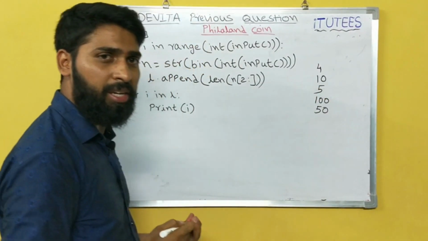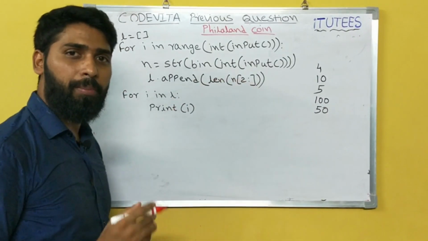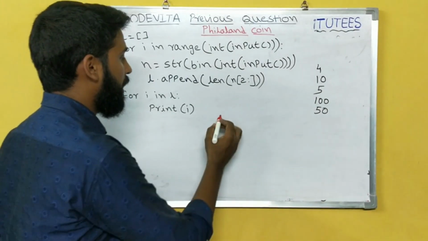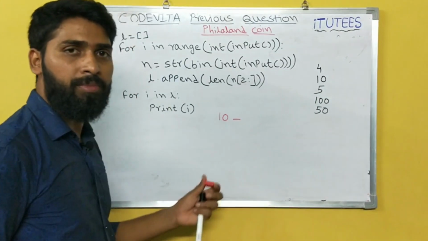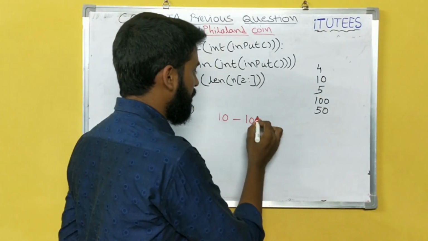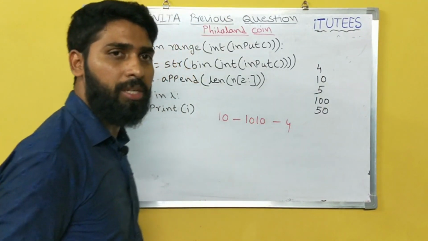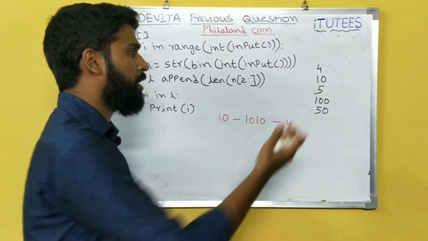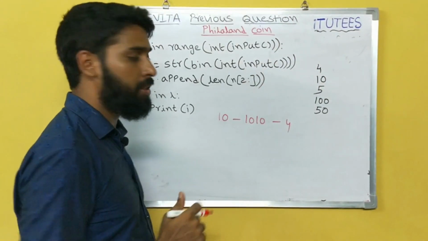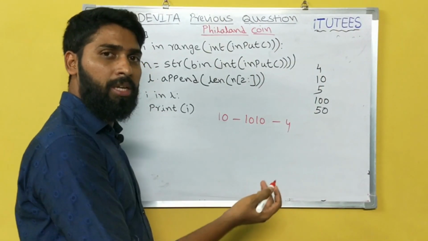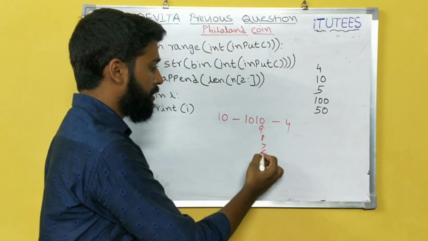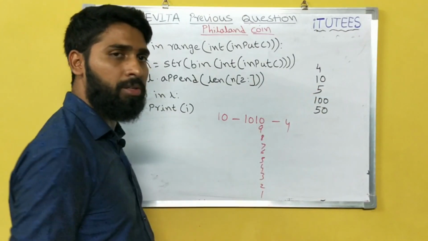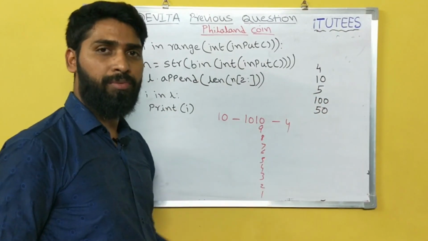As we discussed earlier, simply convert the number into a binary number and see how many bits it has. 10 in binary is 1010, which means 4 bits are required. So using 4 different denominations, you can represent 10 and all the numbers below it: 9, 8, 7, 6, 5, 4, 3, 2, 1. In the same way for 5 and the others.